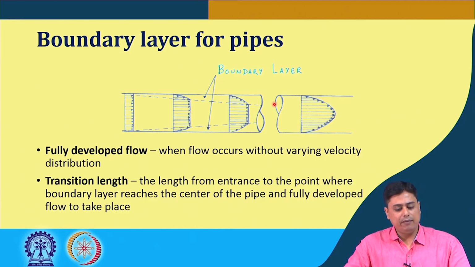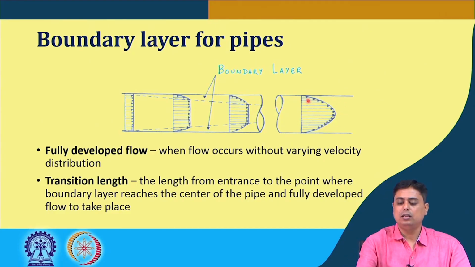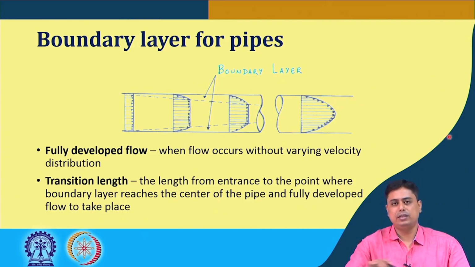So, in fully developed flow, when the flow occurs without varying velocity distribution, we typically call such scenario as a fully developed flow, that is here. Now, this profile is then maintained irrespective of its direction, if we consider this as the positive x direction. Okay.